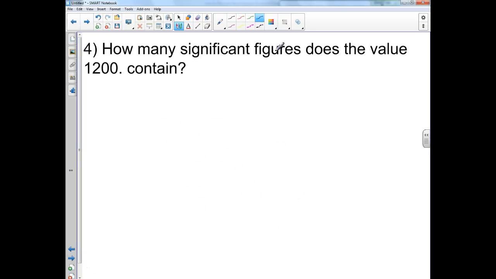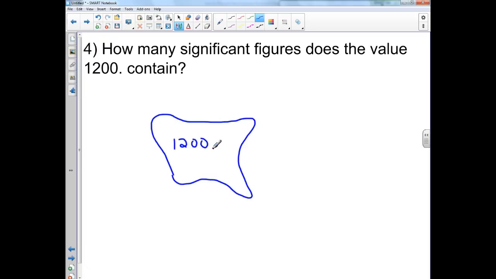Final one. How many significant figures does the value 1200 point contain? Alright, now you might think that that point there is just a typo, but it's not. It's part of the number. Okay, so you write it down, 1200 point. There's nothing after, it's just a point, which is probably a little odd. Maybe you haven't seen this before, but in fact, this is a valid way to write numbers.